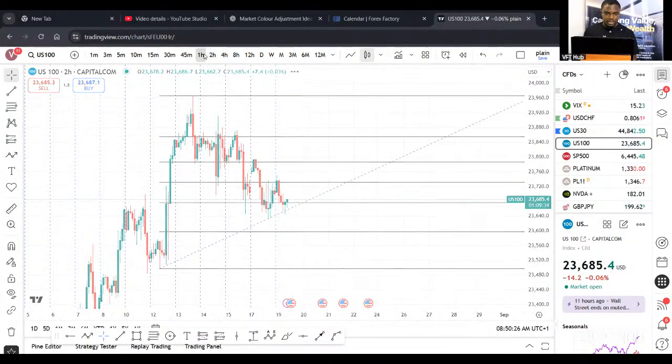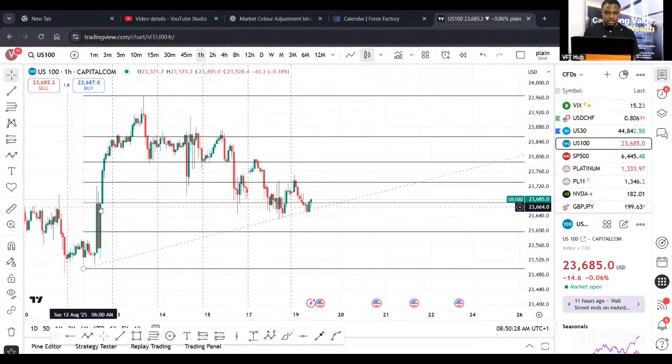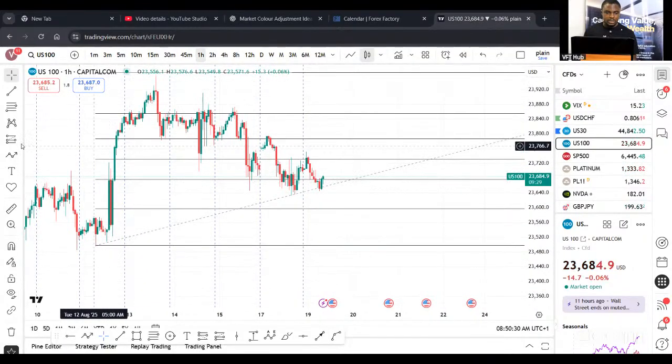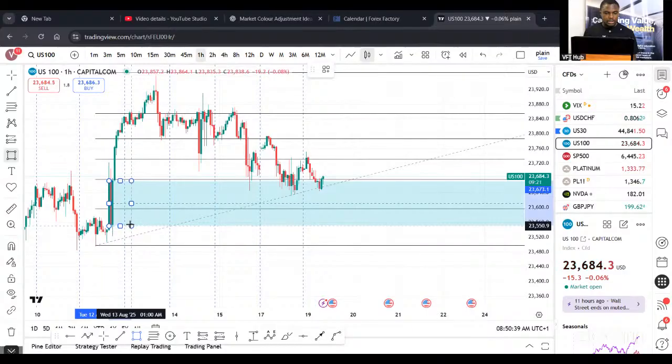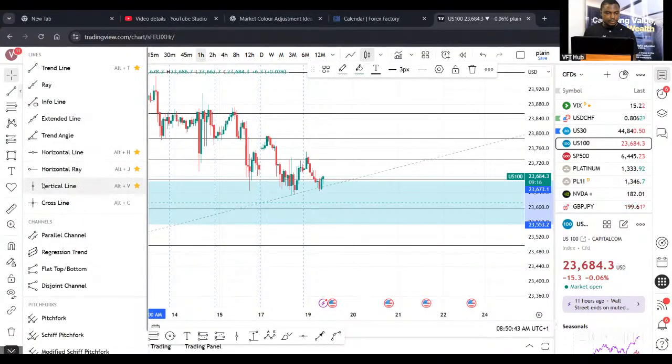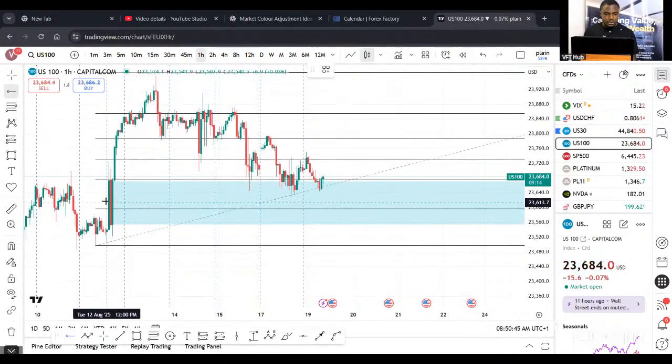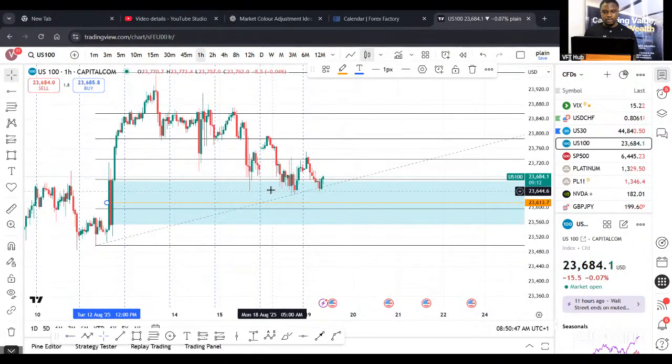Let me look at the 1-hour time frame. Okay. This is quite interesting. This entire zone is unique. So one thing with this is that we might see price react from 50% of this other block and then to the upside.